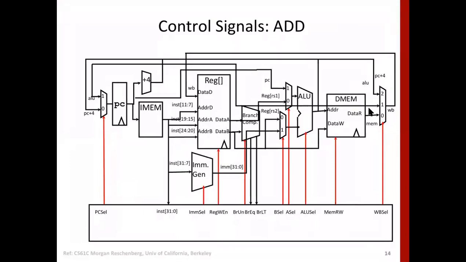For branch, what happens is that this ALU has to calculate the branch target address. So how do we calculate the target address in case of a branch instruction? We add the immediate to the PC value.